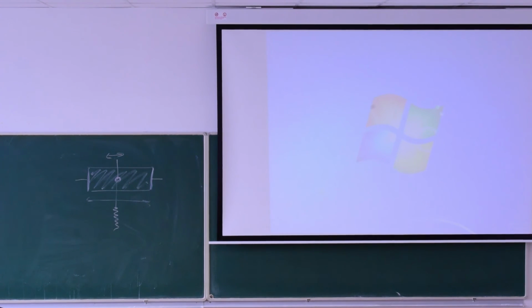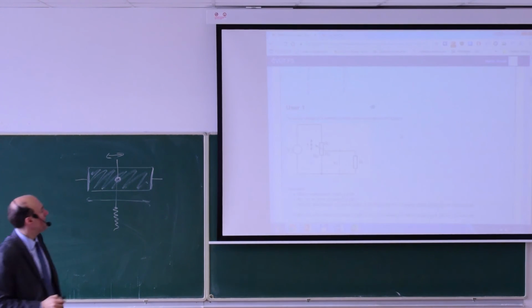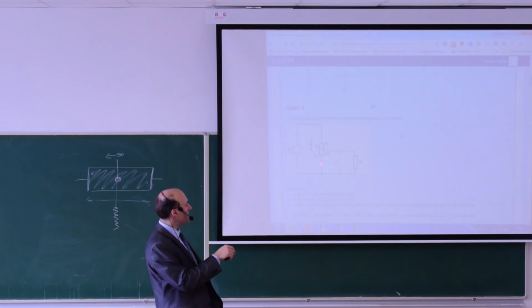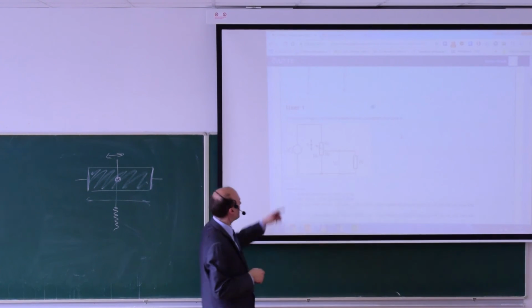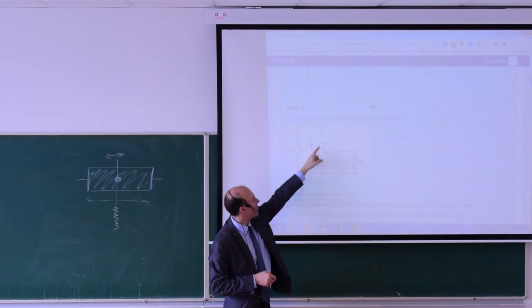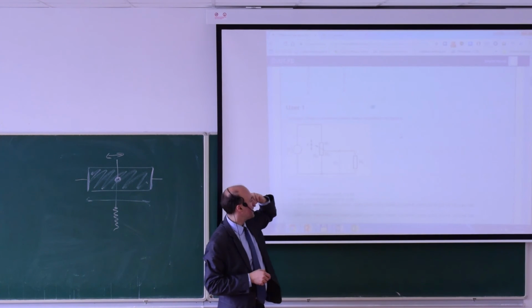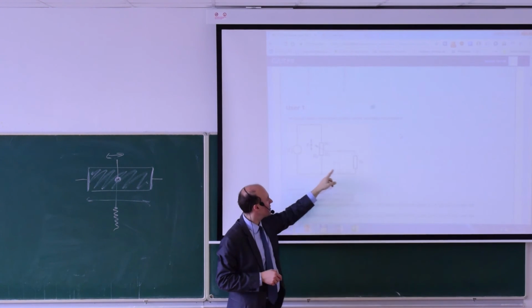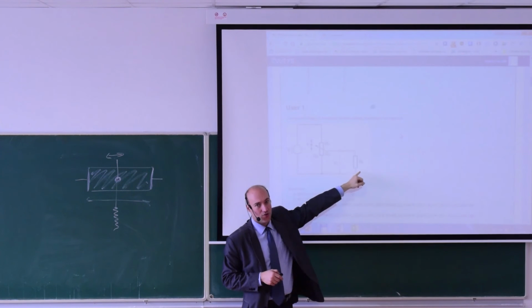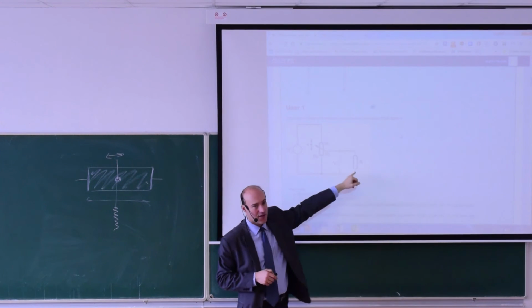Okay, so let me just show you the schematic, and we'll discuss the result. The output voltage is a function of input voltage and R1 and R2, and it has to be this resistance, which is R2 in parallel to R1 together.